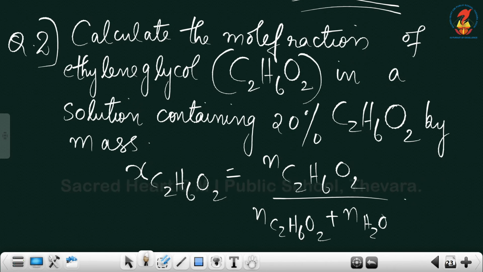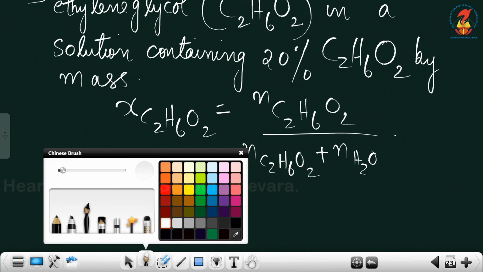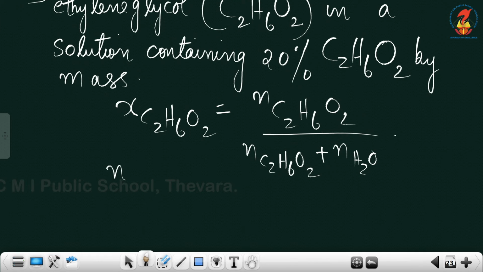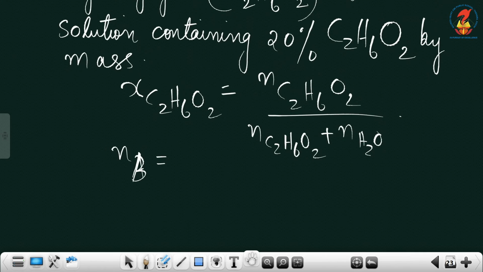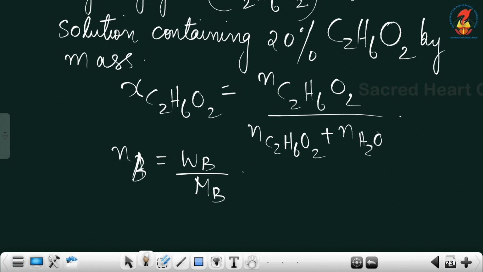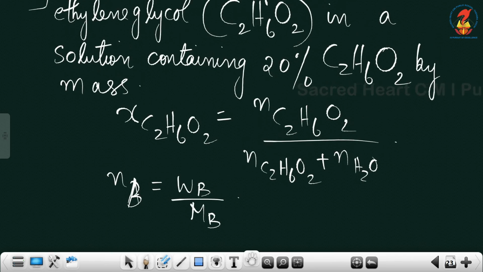Now here you have to find the number of moles. To find number of moles, the expression is n, I am writing A stands for ethylene glycol, nA, actually it is nB because water is the solvent. As no solvent is given, we can take water as the solvent. So nB will be equal to WB divided by MB. Now, what is WB?